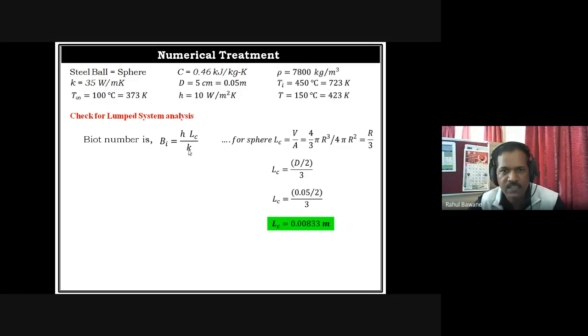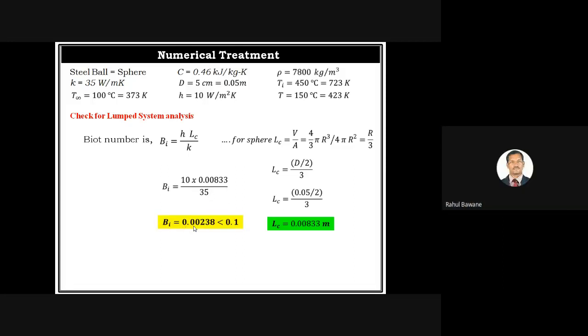So we know the characteristic length. H value is given, K value is given. So we will put all the values and get the value of Biot number. Biot number is 0.00238, and it is definitely lesser than 0.1. So it shows that we can solve this numerical under lumped heat capacity analysis.